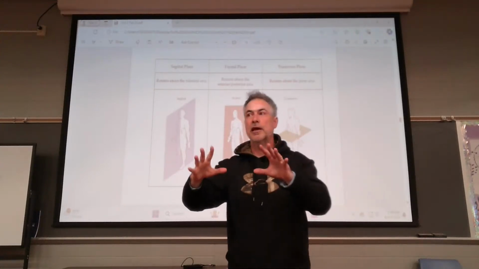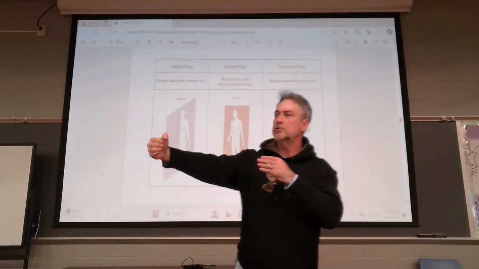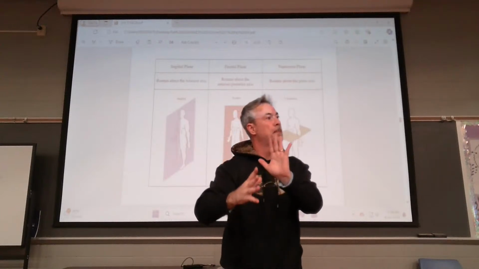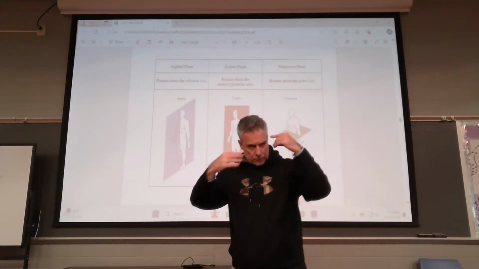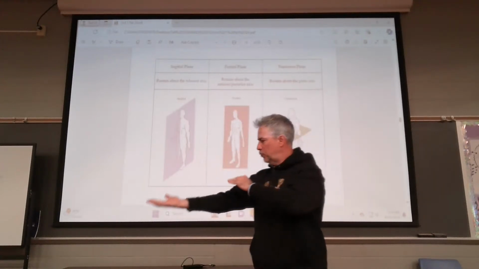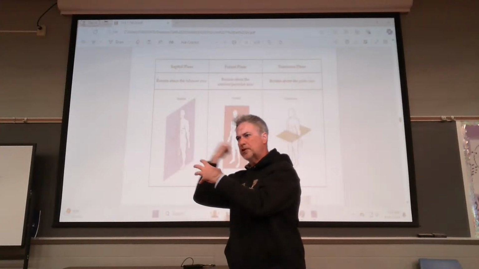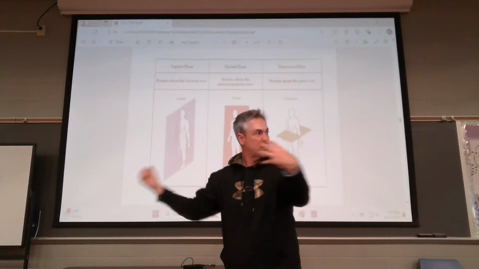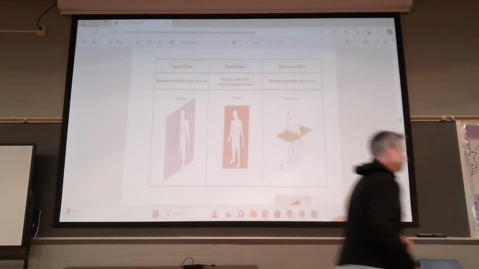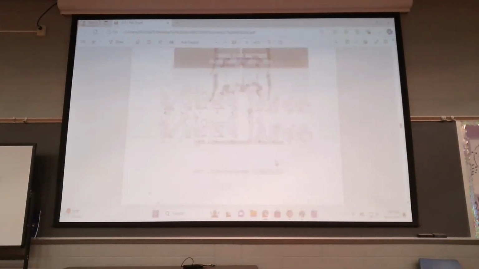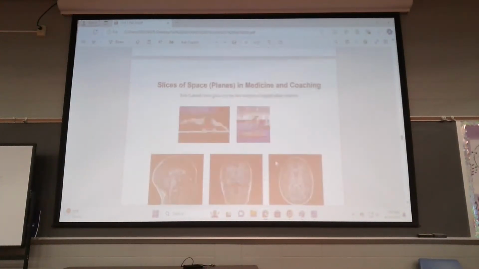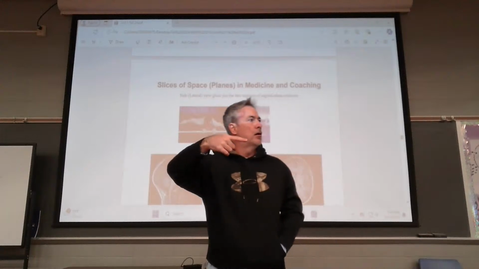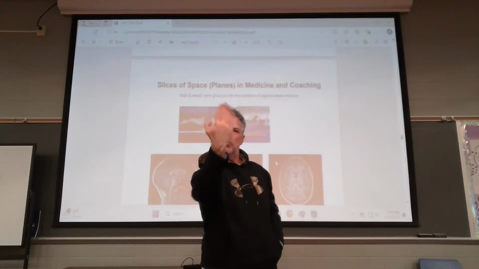Some people, and that's okay, it only matters how you get to the right answer. Some people don't see spin, some people see axis, some people see the view. Not the show, but the visual. In other words, some people will say, if I'm trying to look at rotation here, how would I want to view it? Because the axis kind of gives you a view. If you were going to watch a gymnast perform on the bar, you really wouldn't get a good view looking from the front.